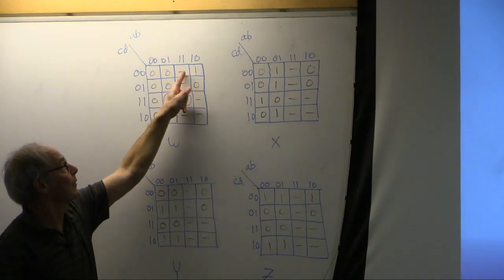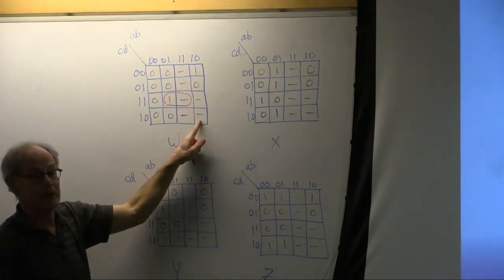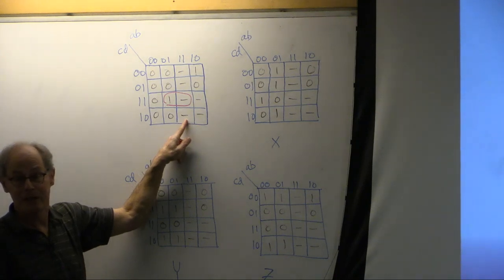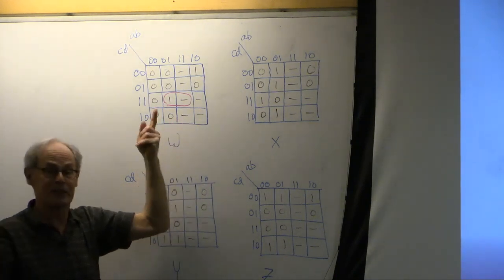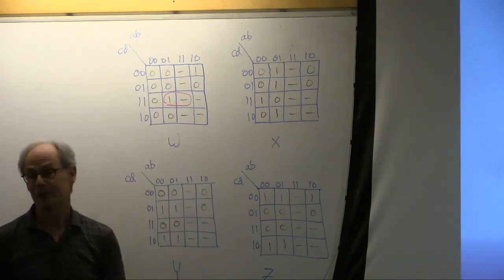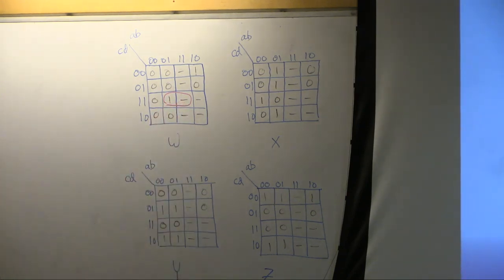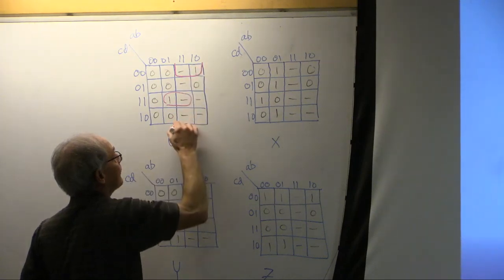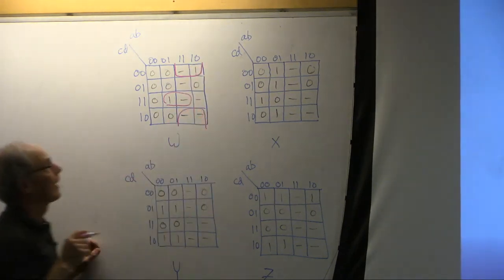So we could group that 1 over here, or we could group it over here. But we might as well group in that 1 as well at the same time. See, these don't cares, we can use as 0 or 1. It doesn't matter. When we group a don't care with a 1, we're saying, well, we're going to treat that as a 1. So this would be the way to do this optimally.